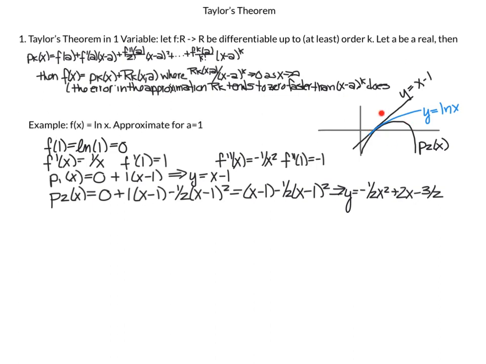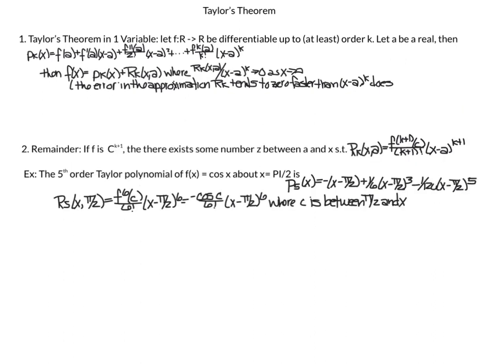You can see you're getting a little closer to the curve, and if you want an even closer approximation, you would take the third, P3 of x, and so you would have to take the third derivative, divide by 3 factorial, and multiply by x minus a to the third. And you can also see, as long as you're near a, you'll get a pretty close approximation. And of course, the further away you get, the potentially larger the error. This next example talks a little bit about the remainder term.